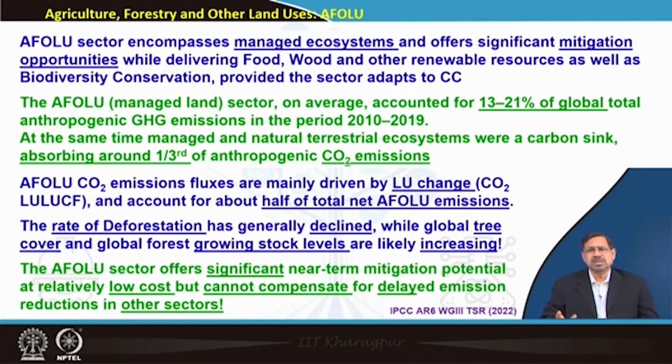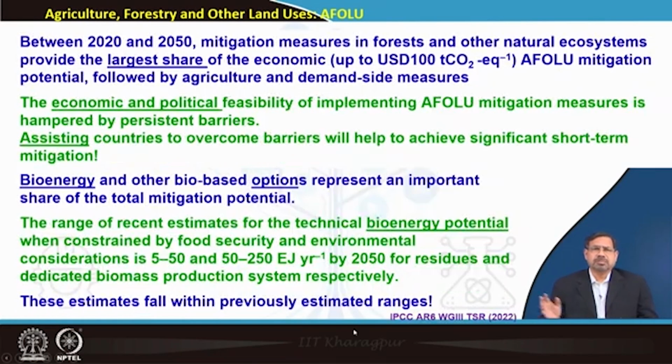We don't need to invest much, we just need to plant crops or trees, and it is done. But the caution is it cannot compensate for delayed emission reductions. So, we need to act fast, and other sectors also need to reduce emissions.